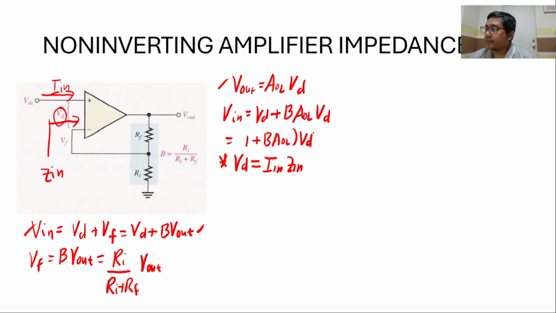We can replace Vd in this equation. So we have Vin equals (1 plus attenuation B times the open loop voltage gain) times I in times Z in.